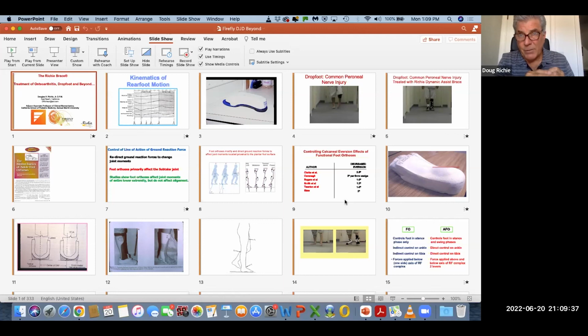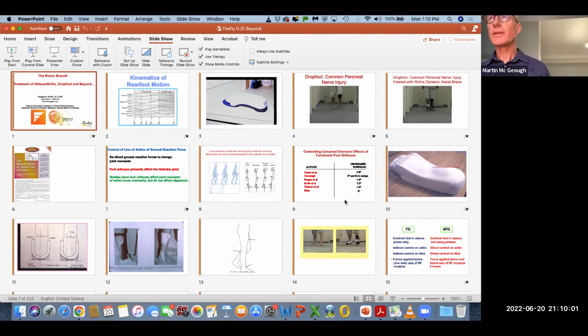It's a stabilizer in the transverse plane. The calcaneofibular ligament is a stabilizer in the frontal plane. And we can stabilize using the Richie brace in both those planes and still allow sagittal plane motion. So yes, that's a whole great indication for bracing for the ruptured ligament complex of the ankle.